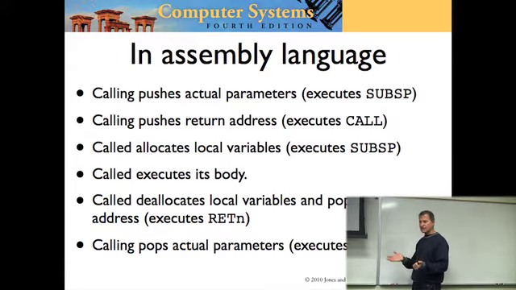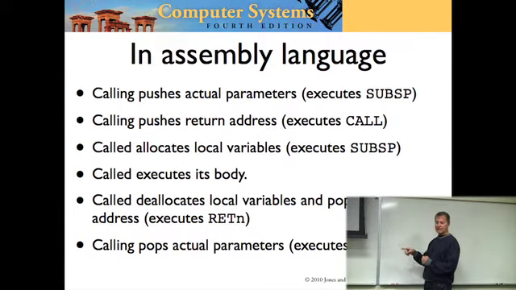This all just makes sense, doesn't it? It's all straightforward. And then the called executes its body. And then when it gets to the end, it deallocates the local variables and pops the return address. We said actually that the ret n instruction could do both. Remember, it was a double duty instruction. Okay?